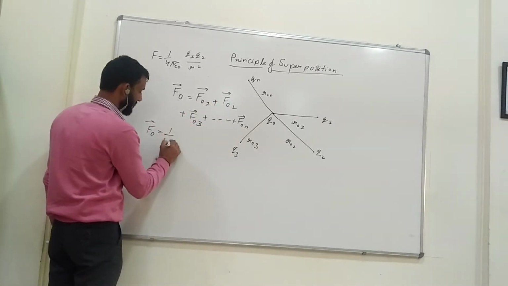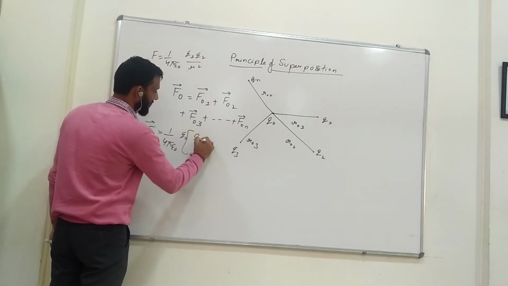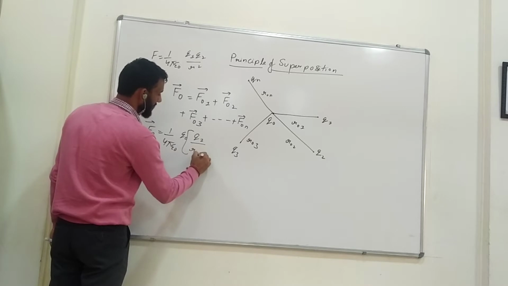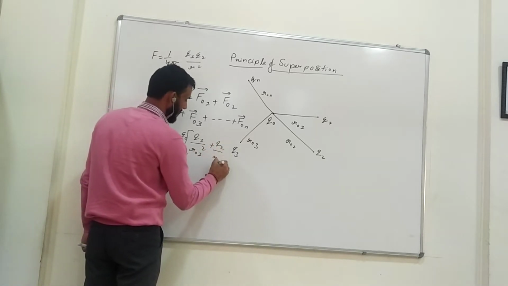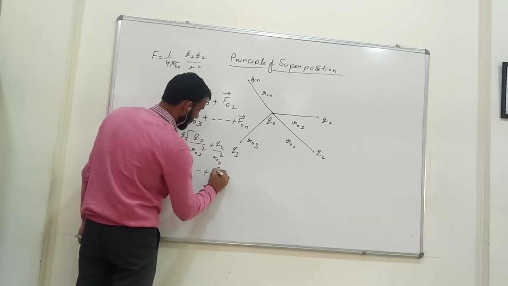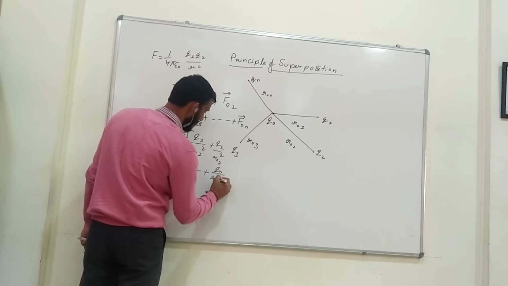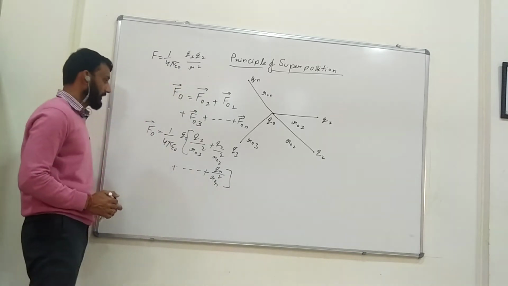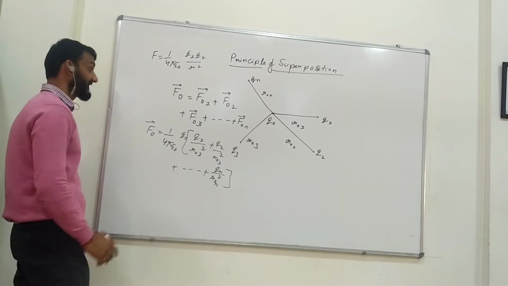So it will be 1 upon 4 pi epsilon naught Q0 common. What will be left? Q1 upon R01 squared plus Q2 upon R02 squared and then up to Qn upon R0n squared, and that's it. So this is what the principle of superposition says.